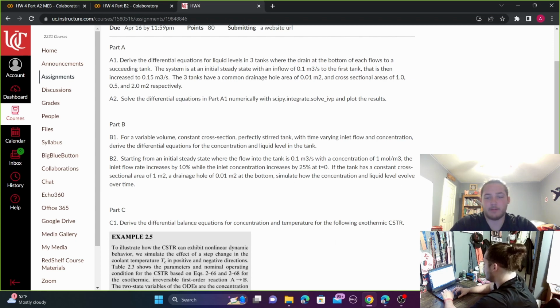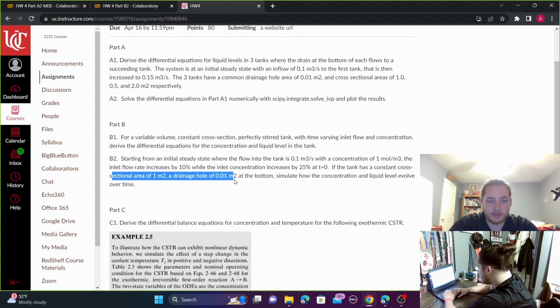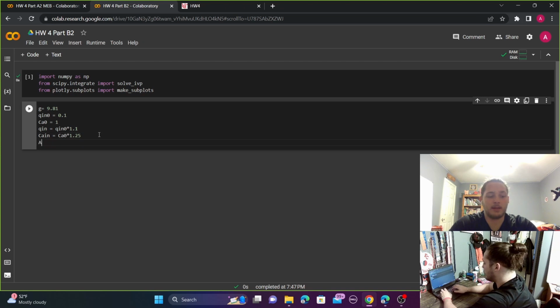Next, we are going to want to input our cross-sectional area and our drainage hole. So we can label our cross-sectional area as AC, and that is equal to 1.